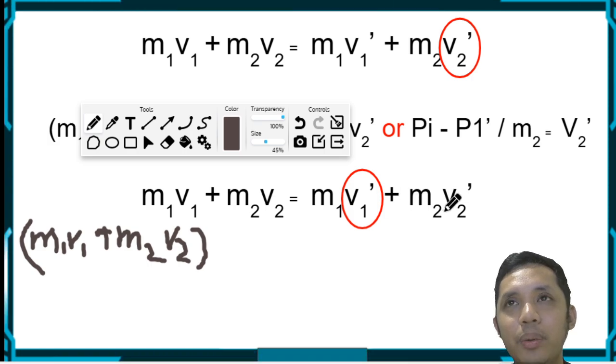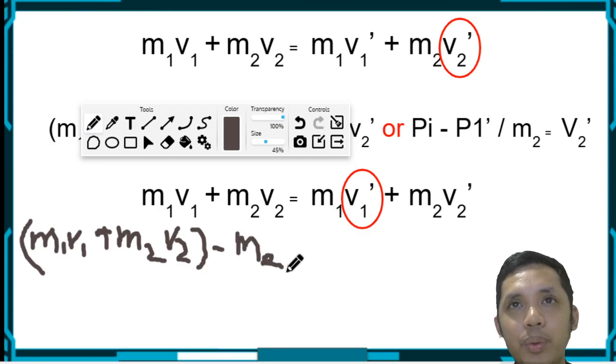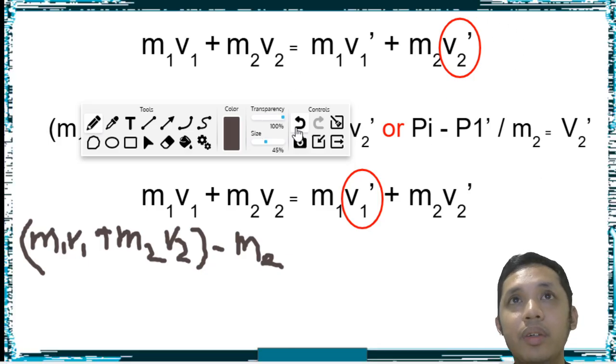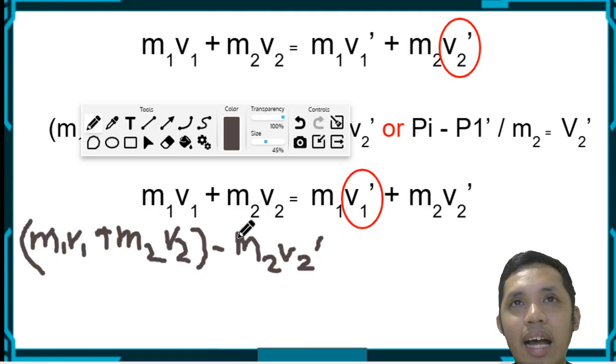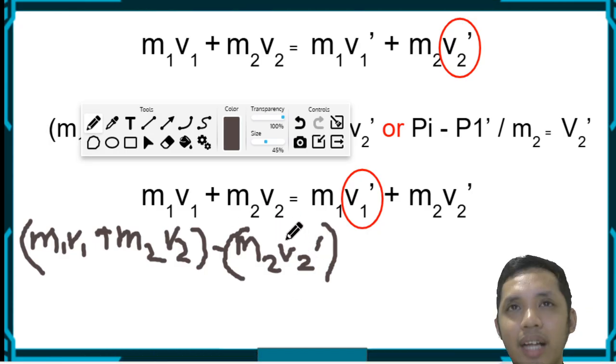What we can do is transpose them on the other side. Since the sign here is positive, then on the other side it will be negative m2 v2 change. And actually, that is the momentum of the second car after the collision.